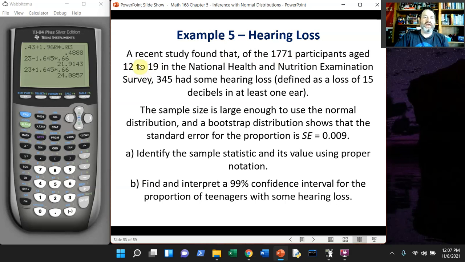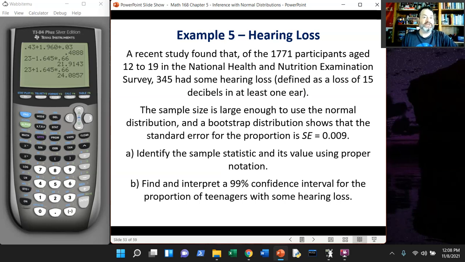This is just an age range, so this is part of the population. This is 15 decibels, so that's part of the variable, right? They're measuring if each person had hearing loss or didn't. They're not measuring how much the hearing loss was. They're turning a quantitative variable into a categorical variable. And there's only one population, and there's only one sample, so it's a single proportion.